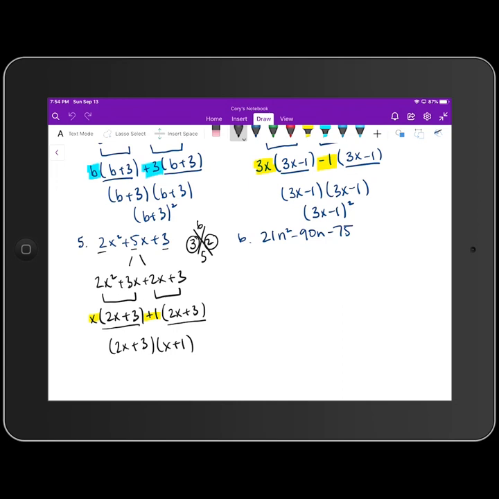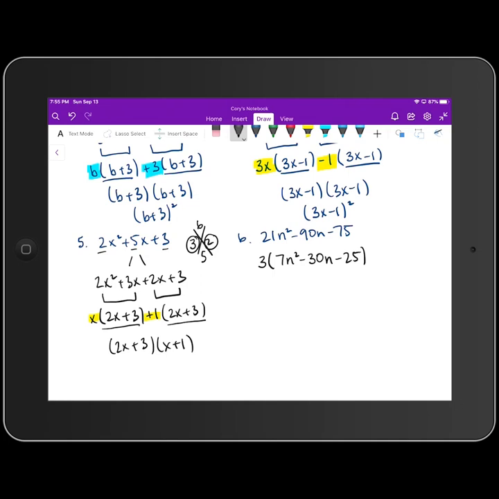And the value that I can factor out of all three of those terms is the factor 3. Okay, all three of those terms have a factor of 3 in common. All right, so when I factor that out, that leaves me with 7n squared minus 30n minus 25.